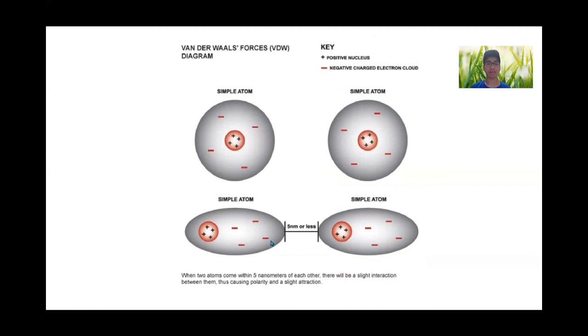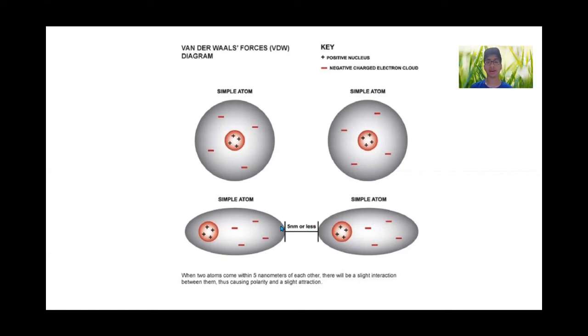If this atom right here comes close enough, like 5 nanometers or less, close enough to another atom that is undergoing a similar thing, where it has all the electrons concentrated on one side of the atom and the protons concentrated on the other side, then they will form a van der Waals interaction with each other, because negative and positive, they attract. However, this is a weak attraction, unlike the ionic bond, because remember, electrons are always moving.